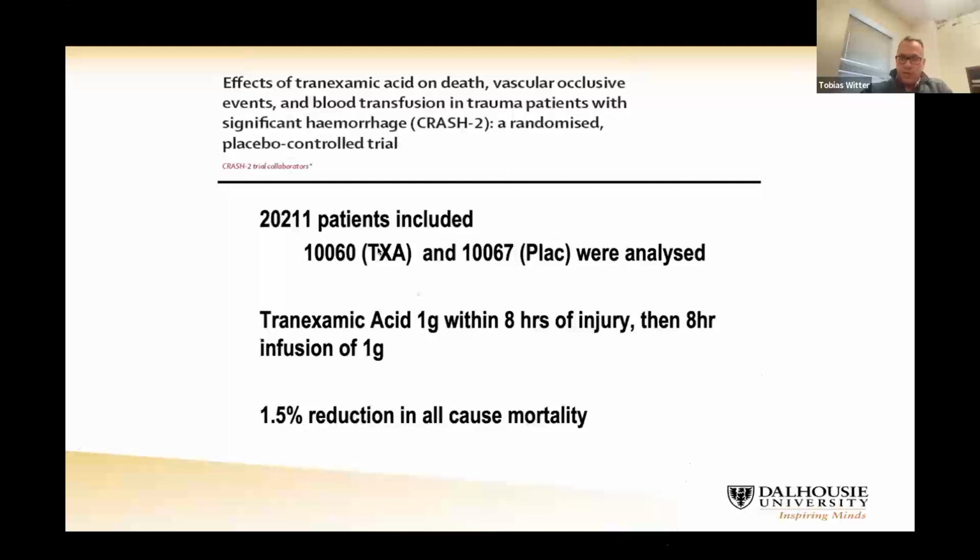There's a bunch of caveats about the trial, but bottom line is it showed that we may get a benefit in severe trauma patients. And more importantly, there was no harm. So giving a trauma patient TXA is a relatively benign thing if we give it early, and potentially leads to better outcome.